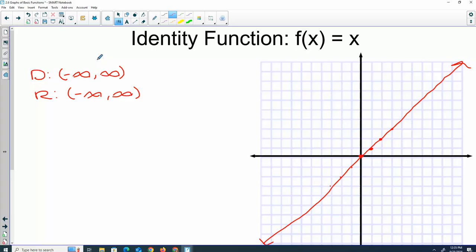Is this function increasing, decreasing, or constant? Increasing, because it's rising from left to right. So it's increasing the entire time. Is it continuous? Yeah, from negative infinity to positive infinity. No breaks in that graph. All right. Identity function okay with everybody?